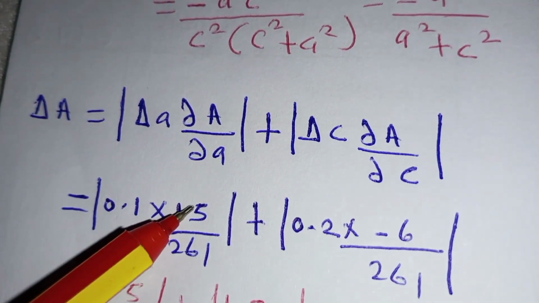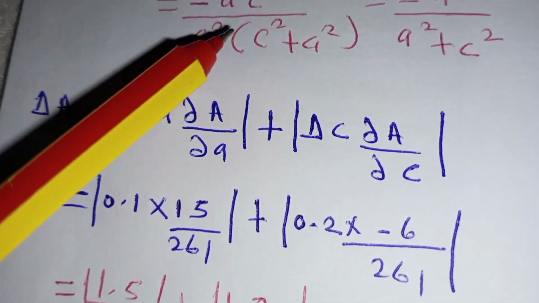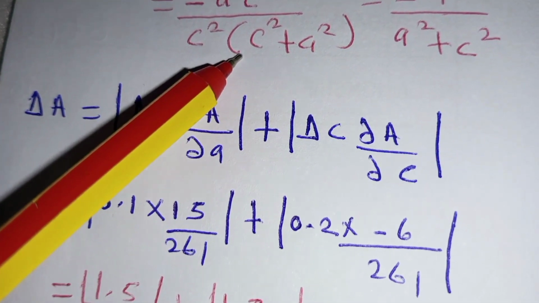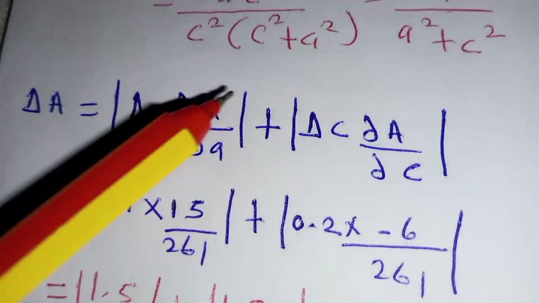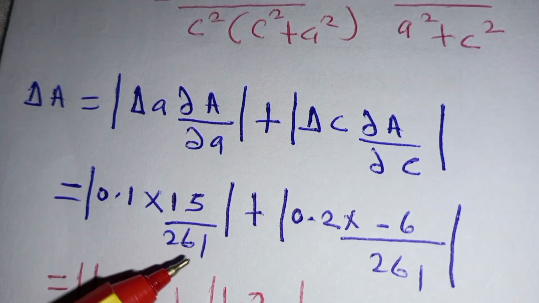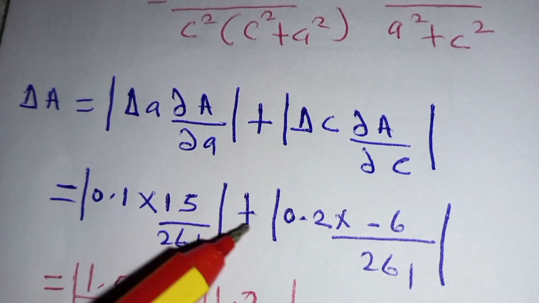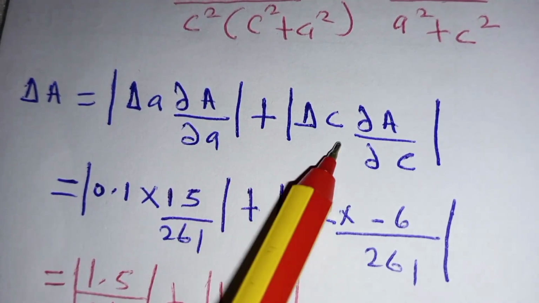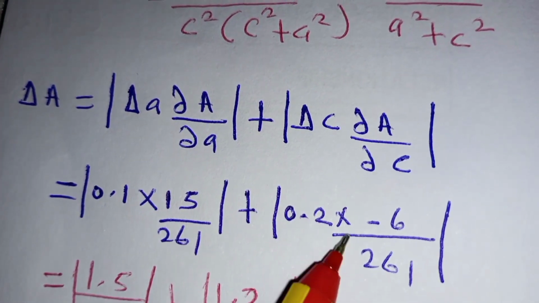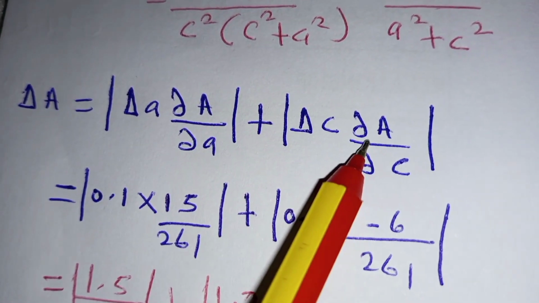Our c is 15, so c squared is 225, plus a squared, 6 squared is 36, and the result is 261. Modulus, plus the change in c, which is 0.2, multiplied by the partial of A with respect to c.